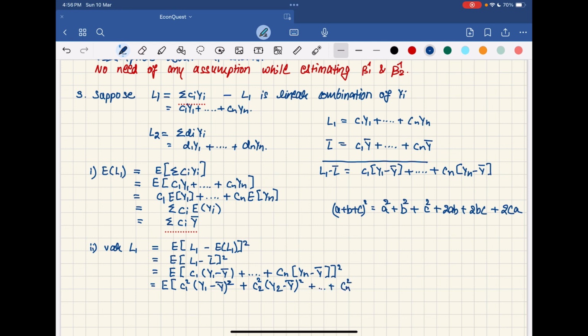So here you will get something like this first, and after that we have 2 times the cross terms.